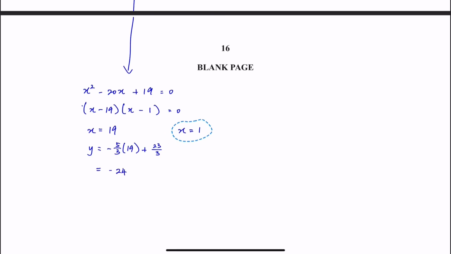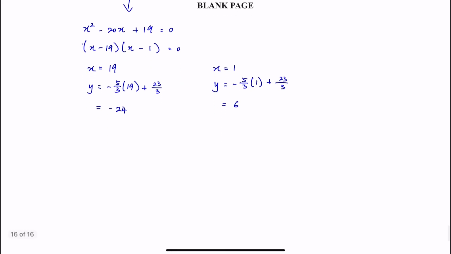And when x is equal to 1, y is -5 over 3 times 1 plus 23 over 3, and this would give us 6. So S can be (19, -24) or (1, 6). These are the two possible coordinates of S. And we're done.